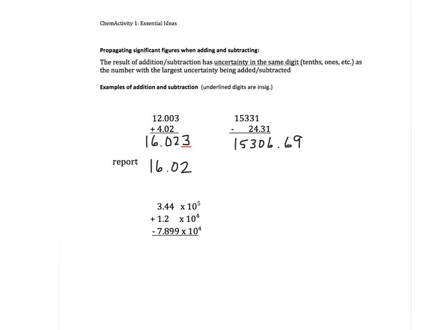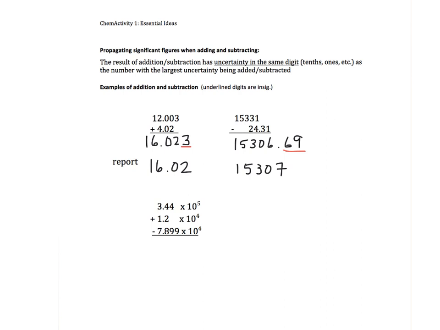But remember, because I really don't know anything about the tenths and the hundredths, because I didn't know anything for the 15331, that means I really can't report those as significant. The number that has some uncertainty in it is the 6, because I knew both the 1 and the 4 here. So that means when I go to report it, I'm going to report 15307. Notice that I'm going to round up here because the 0.6 is going to force me to round up that 6 to a 7.